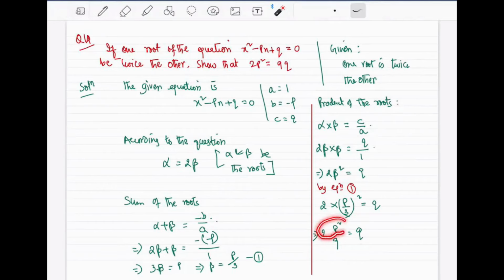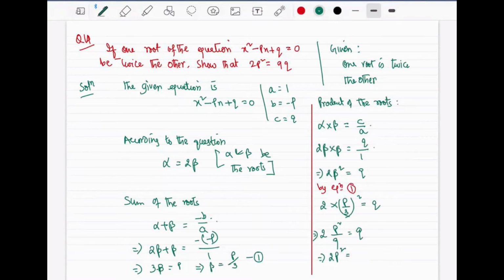This part is the numerator, so you multiply: 2p square and 1 will be multiplied, 9 and q will be multiplied. So we put 2p square is equal to 9 multiplied with q. We get 9q. The question wanted to show 2p square is equal to 9q, and we have obtained 2p square is equal to 9q.